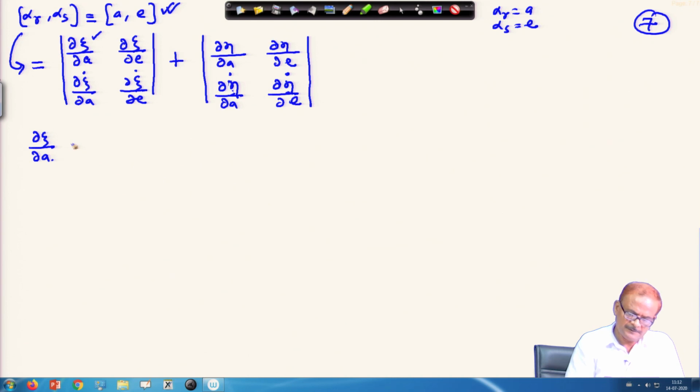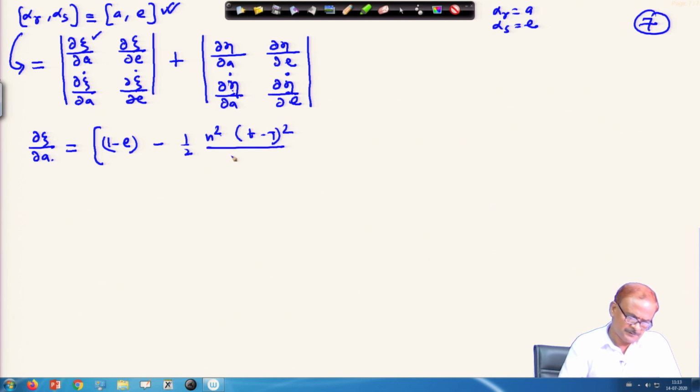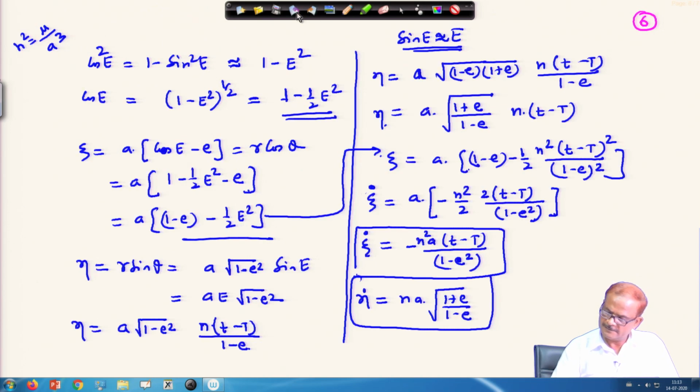So, dou xi by dou A. The xi equation we have already written, so directly from there A is appearing. Immediately we can see this can be written as 1 by 2 n square (t minus t) whole square divided by 1 minus E square. This is the first term, where A was appearing.